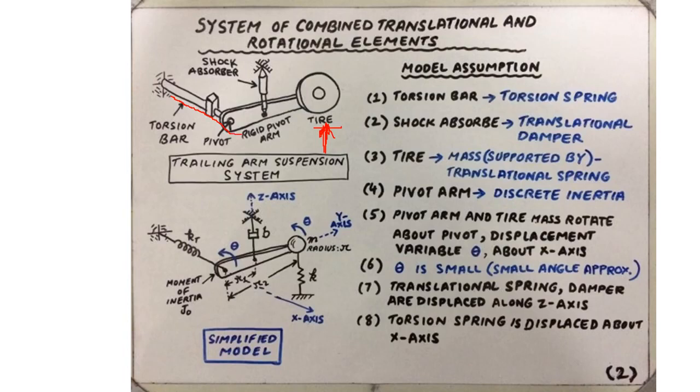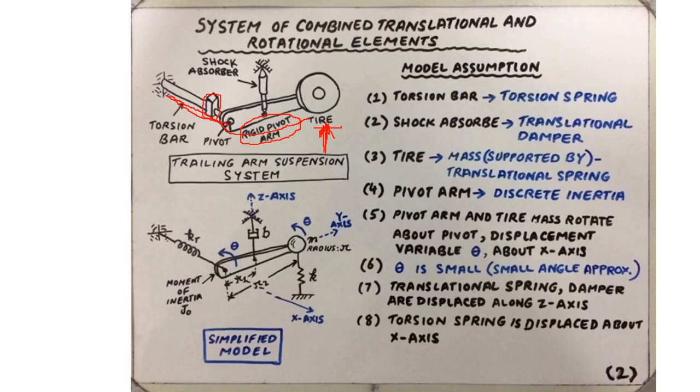The tire is not directly connected to the torsion bar. In fact, there is a rigid pivot arm modeled as a rigid link, as shown here, that is in turn connected to the torsion bar with the help of a bearing shown here.